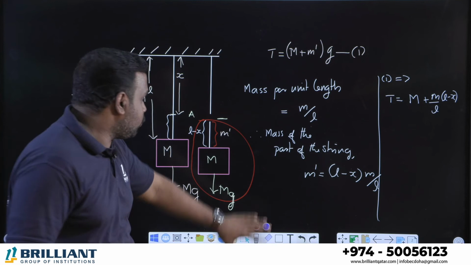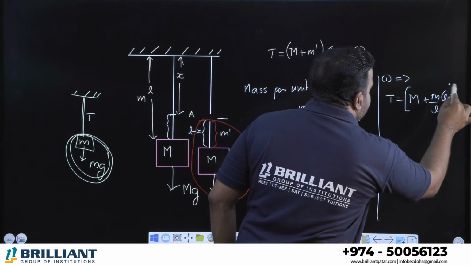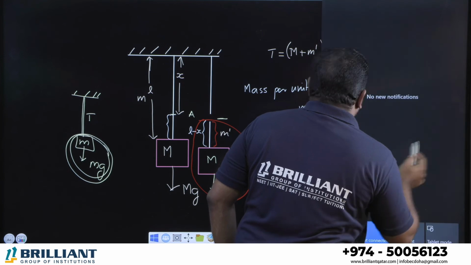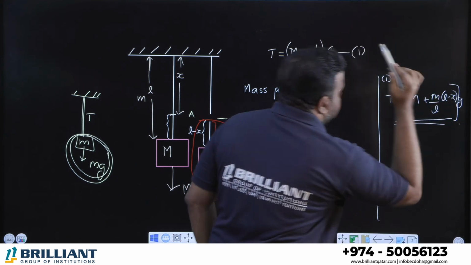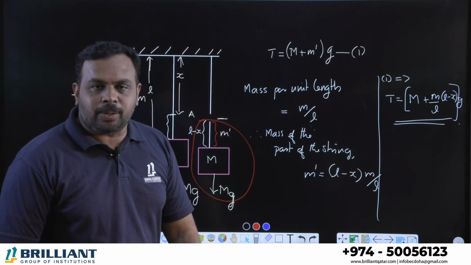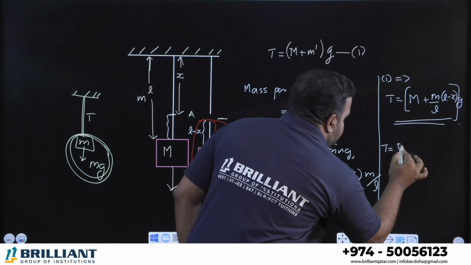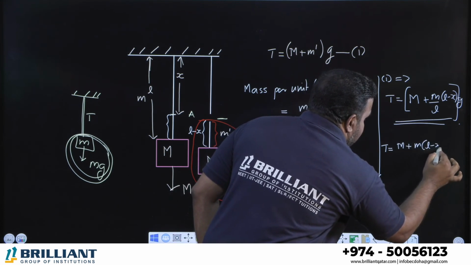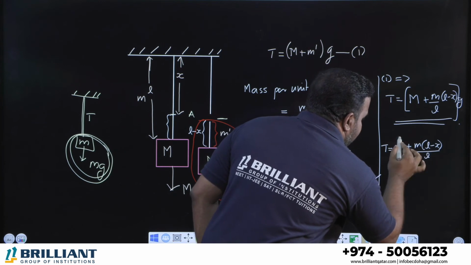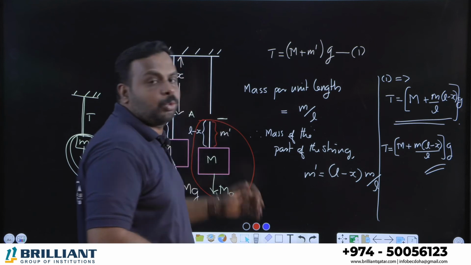This is the total mass of this much part, into g, right? So I'll write it once again here: T is equal to capital M plus small m into L minus x divided by L, into g. This will be the tension at the point A.